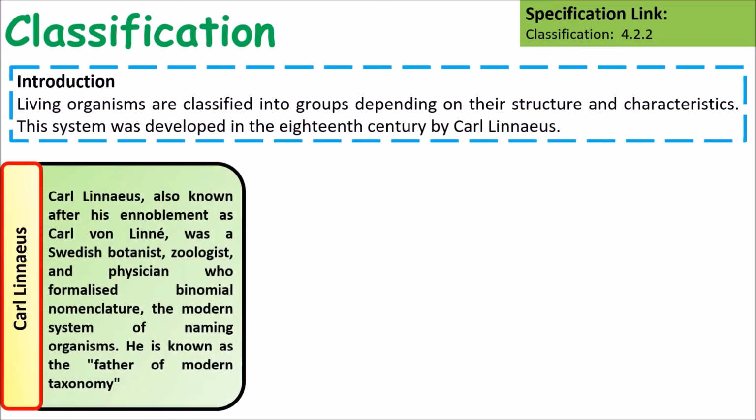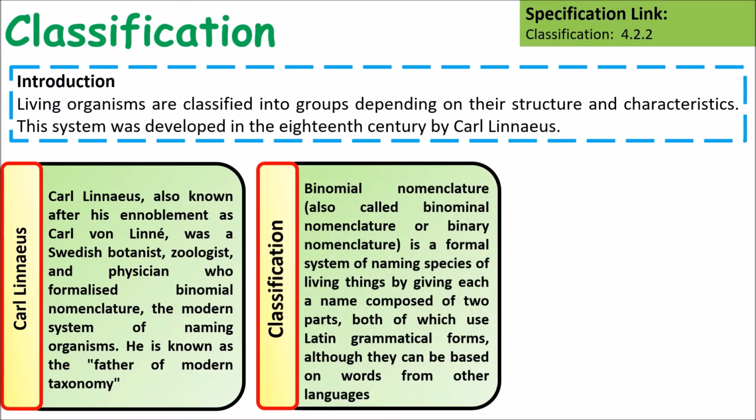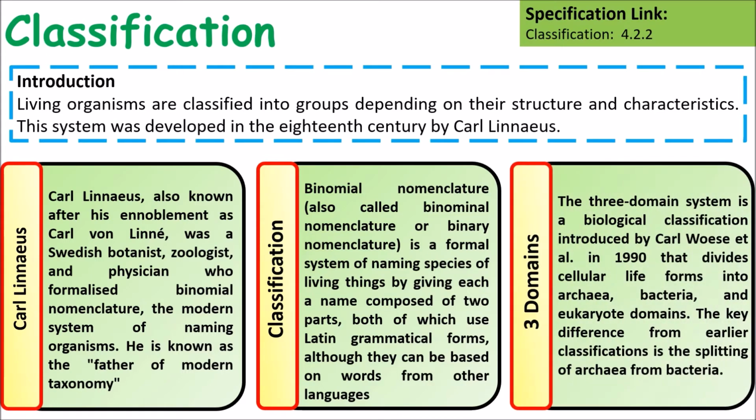So, we'll have a look at the work by Carl Linnaeus, how this came to give us the binomial classification system that we currently have, and how this classification system has developed over time as technology has developed.